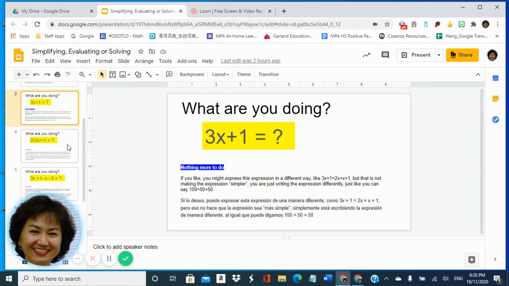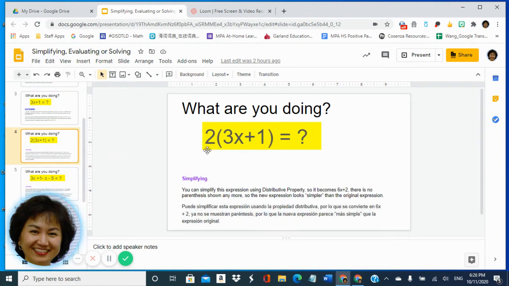Look at this next example. If you are given this, what are you doing? You are given an expression and asked you equals to what? You just have to simplify this by distribution. Distribute this 2 in there. So it becomes 6x plus 2. 6x plus 2 is the same expression as 2 times parenthesis 3x plus 1.